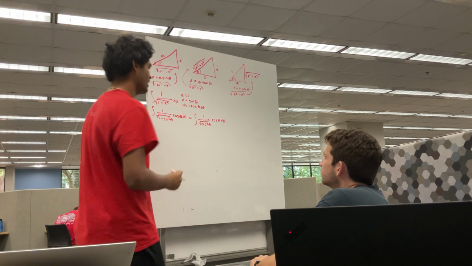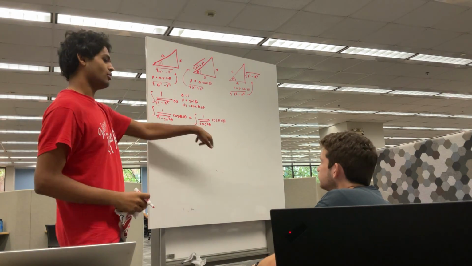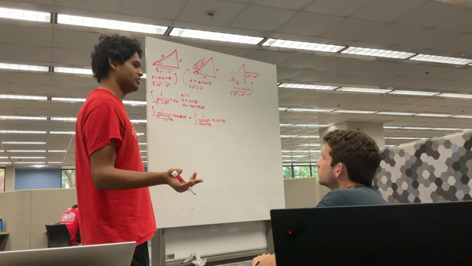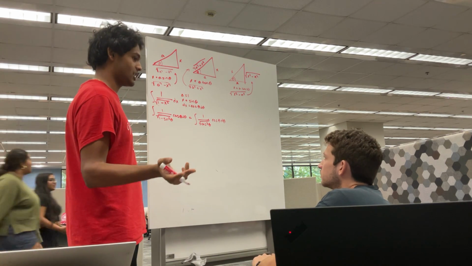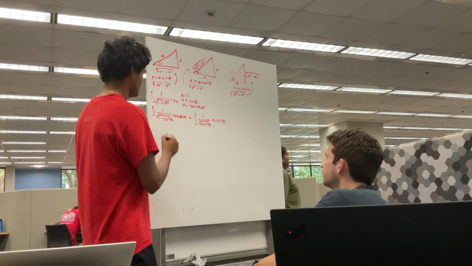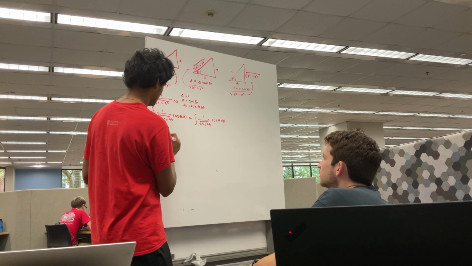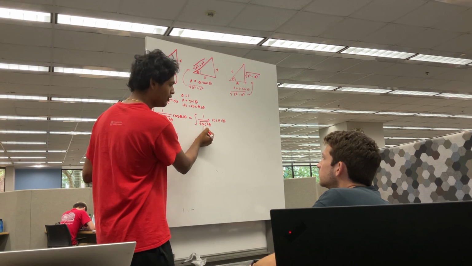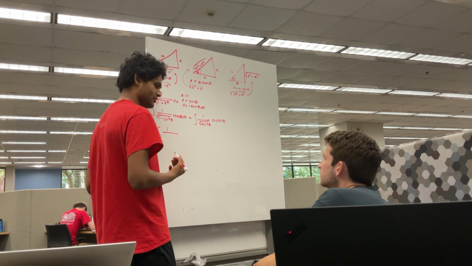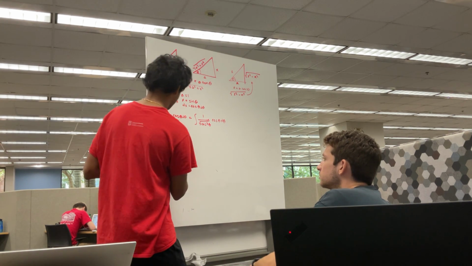Now we have this radical and we want to get rid of it. We have the square root of a square, so they cancel out. So that term, the square root of cosine squared, simplifies to what? Just cosine.